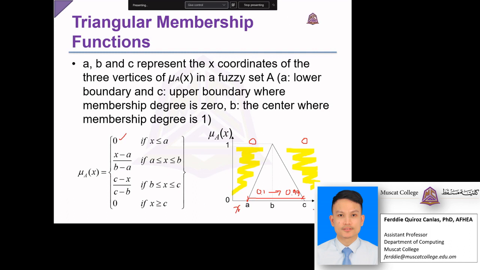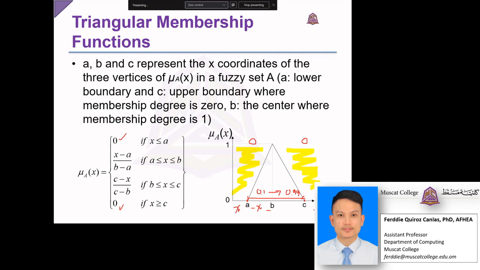Next, if your x is greater than or equal to c, this is our c here, then it will get 0. Now, if my x is in between a and b, I have to follow this calculation.